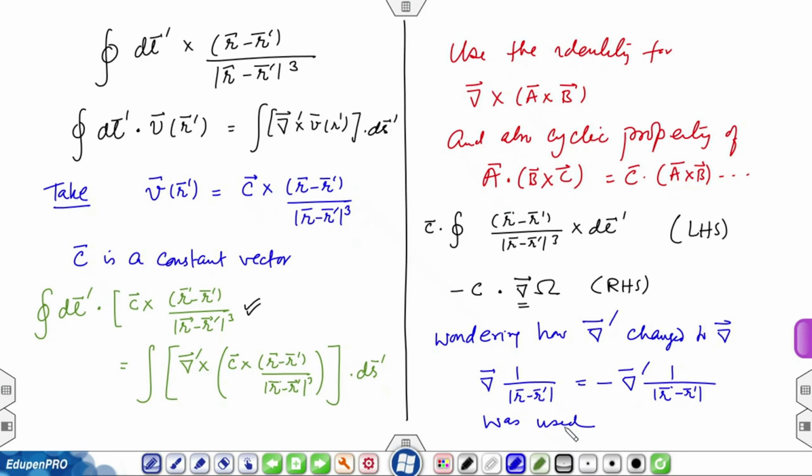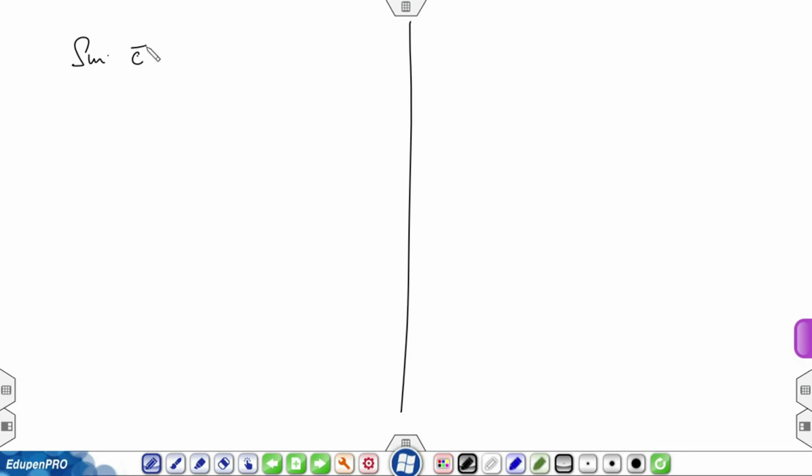So, once you get this, you can see easily that C is an arbitrary constant vector. I can take this to be in the x direction, y direction, z direction.